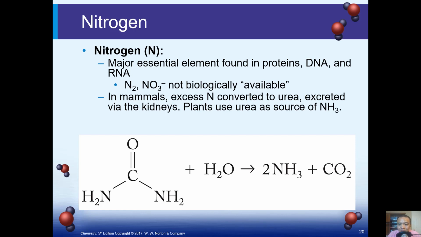Excess nitrogen is converted into urea in the liver and excreted via the kidneys. Plants use urea as a source of ammonia, as indicated by the reaction on this slide.